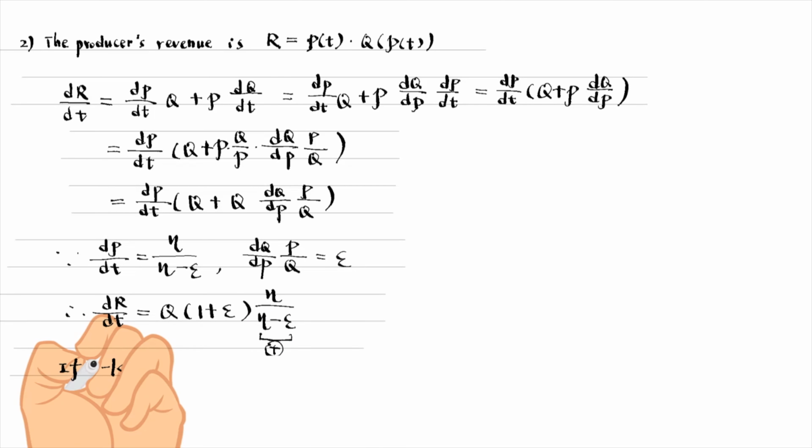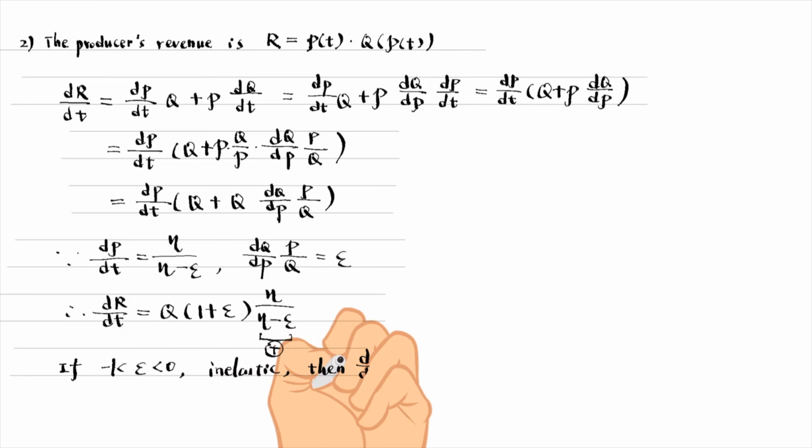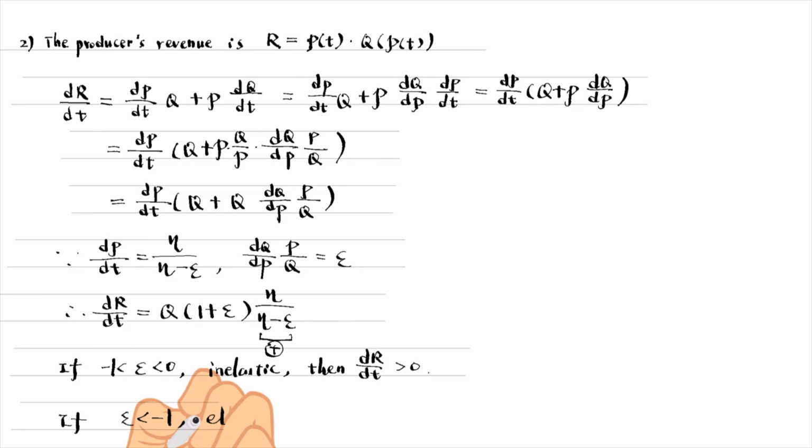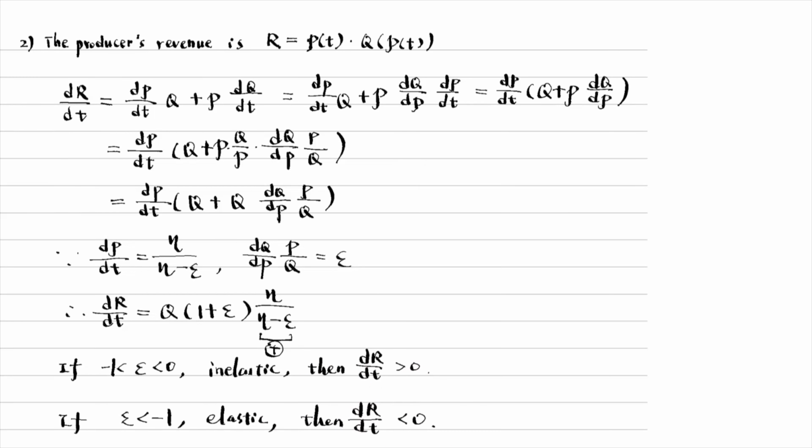If epsilon is between -1 and 0, that is, the demand is inelastic, then the firm's revenue increases as tax increases. If epsilon is less than -1, that is, the demand is elastic, then the firm's revenue falls as tax increases.